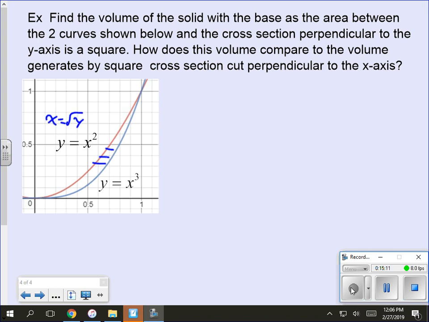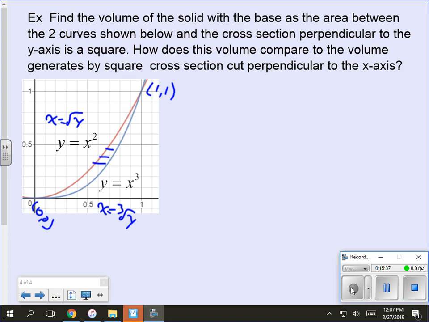Instead of y equals x cubed, you have x equals the cube root of y. Your bounds are from 0, 0 to 1, 1. You've got to be able to figure out where they cross each other. Just set x squared equal to y squared.